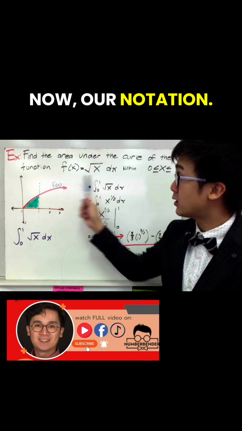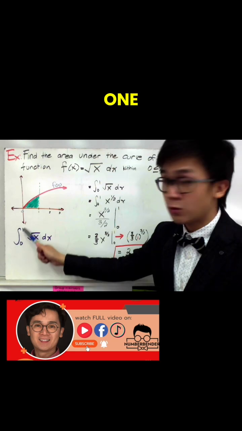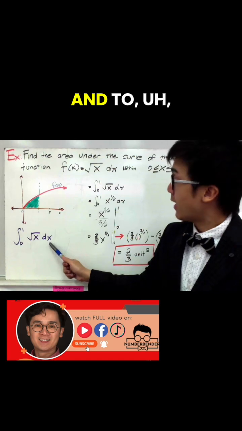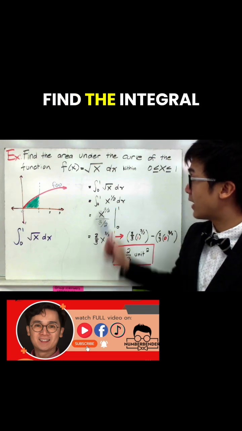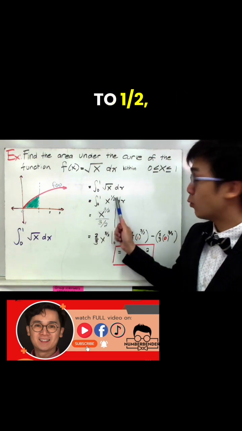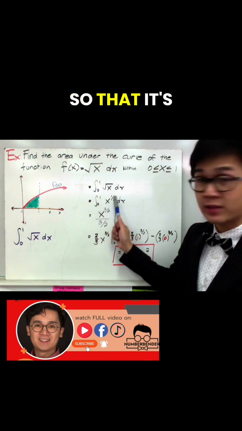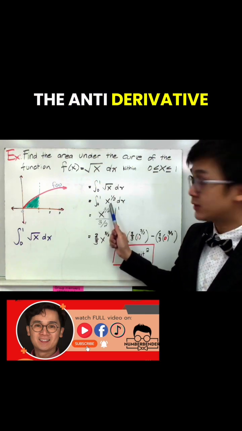Now, our notation can change into the definite integral from 0 to 1 of square root of x dx. To evaluate this, we just need to find the integral of x raised to 1/2, because we're changing our radical into exponential form so that it's easier to integrate using the antiderivative rule.